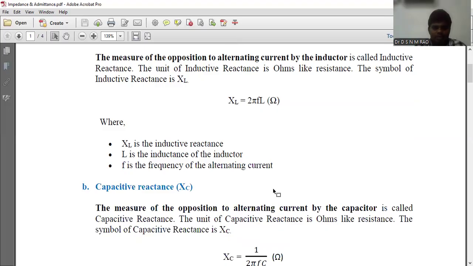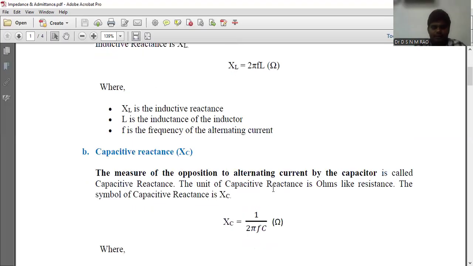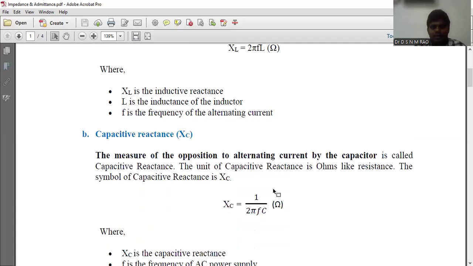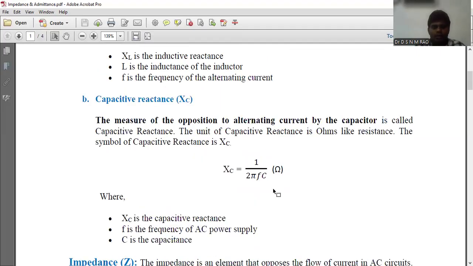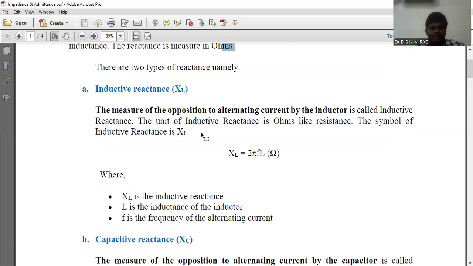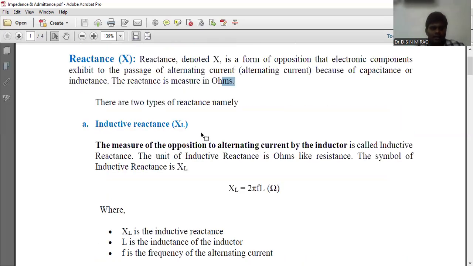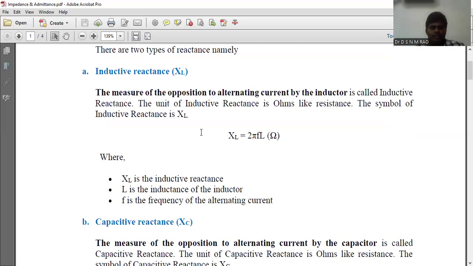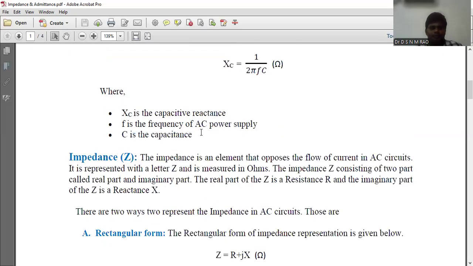As we already saw in the pure capacitor excited by AC supply, XC equals 1 by 2 pi FC ohms, where F is the frequency of the AC supply and C is the capacitance. In this way, reactances are of two types, inductive reactance and capacitive reactance, XL and XC.